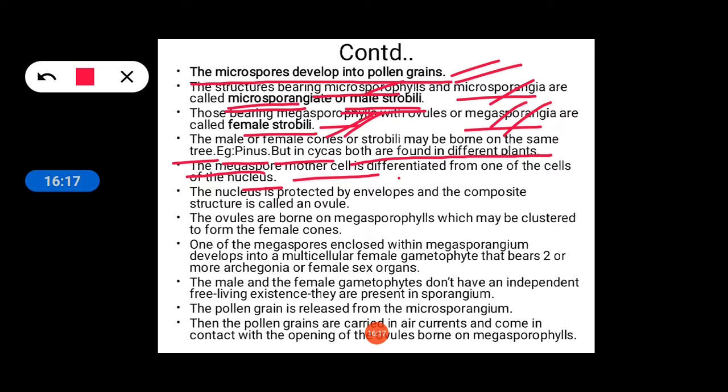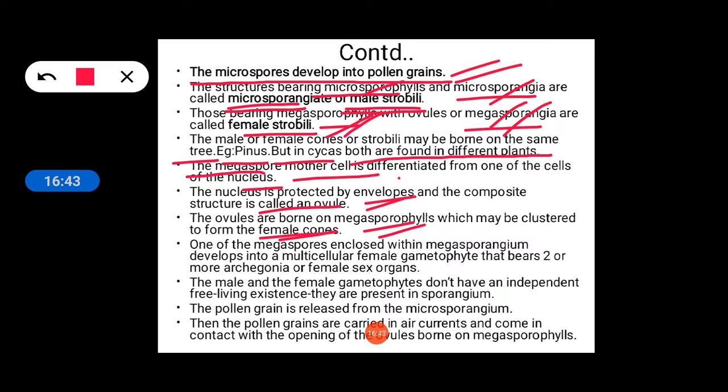The nucellus is protected by envelopes, and the composite structure is called an ovule. The ovules are borne on megasporophylls, which may be clustered to form the female cones.